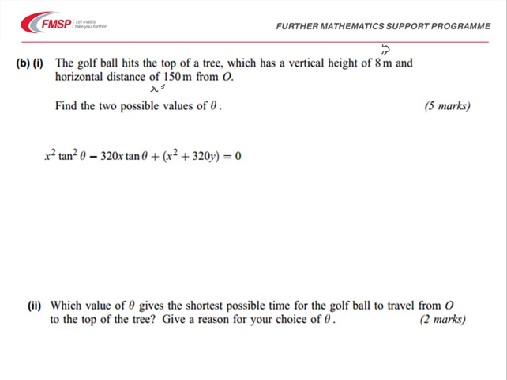So if you substitute those into the equation we found, then we get that 150 squared tan squared theta minus 320 multiplied by 150 tan theta, then plus 150 squared plus 320 multiplied by 8 is equal to 0. So simply substituting the values we've got.